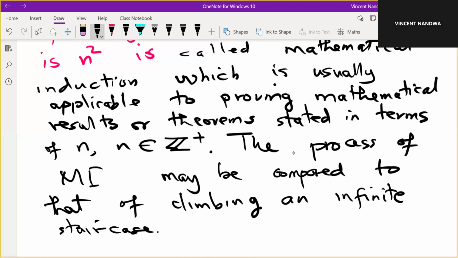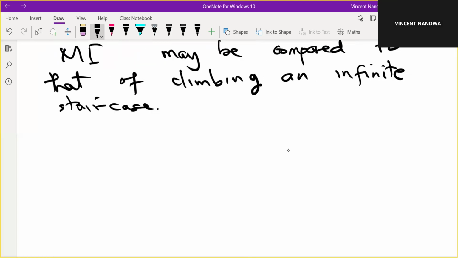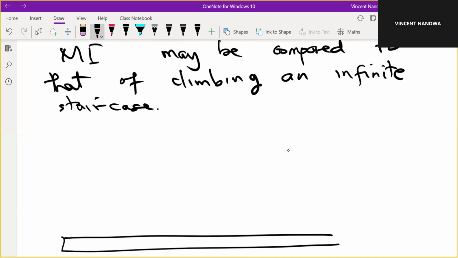So I'll draw it here. For example, this is a base or the ground, and then we have this staircase. I have this staircase, infinite.